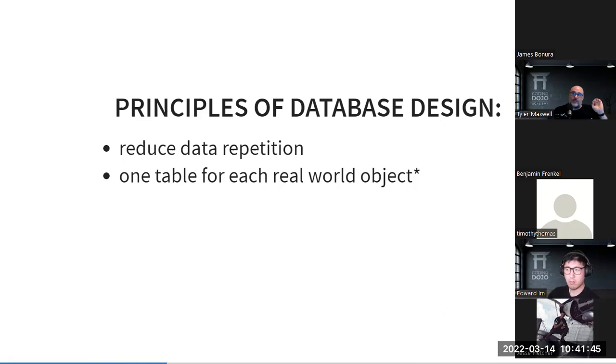If we have a user and we have posts, we would have a user table and a post table, but the object also could represent the relationship between the two. Like with the diagram I just showed you, there's a table in between. So each real world object has a separate table, but the relationship can be a table as well. Questions about that?